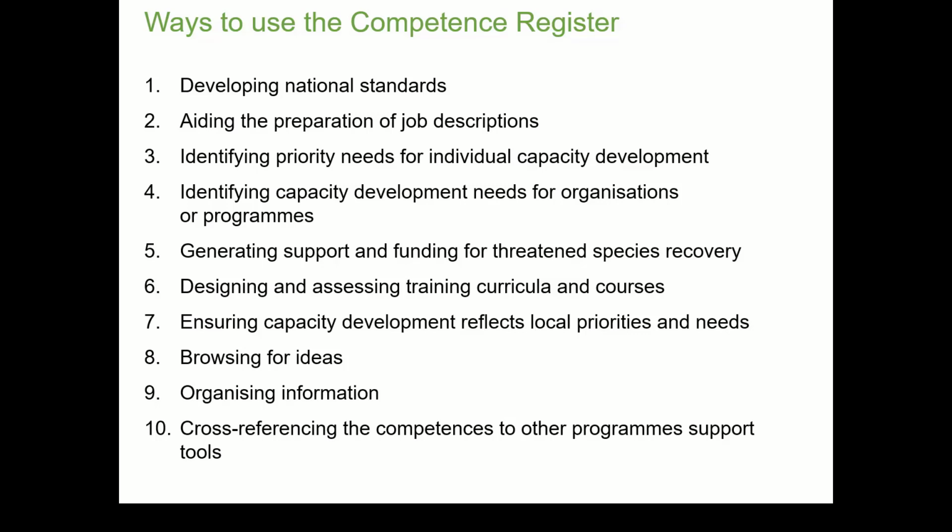For full details of these points, see a Global Register of Competencies for Threatened Species Recovery Practitioners, and for working examples of how these can be implemented, see a Global Register of Competencies for Protected Area Practitioners produced by the World Commission for Protected Areas.